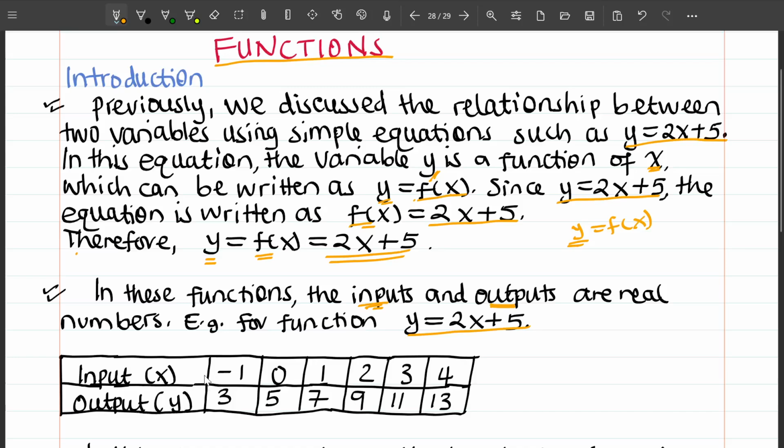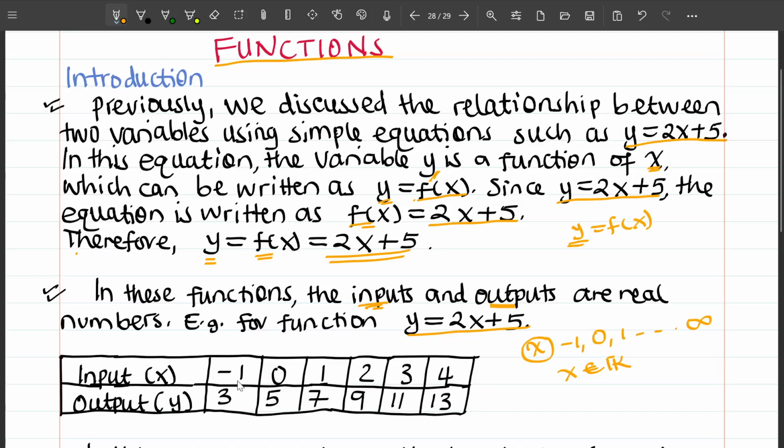The input value x is any real number. So x can be -1, can be 0, can be 1, up to positive infinity. You choose any real value of x, and then you find the corresponding value of y using this simple equation.